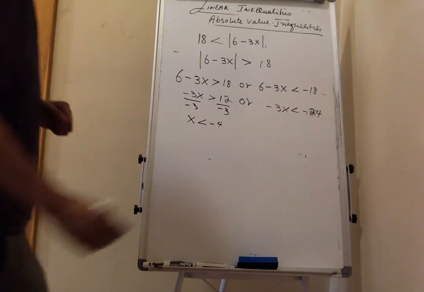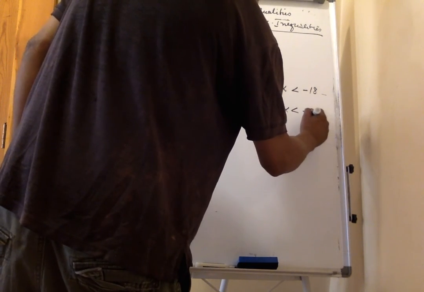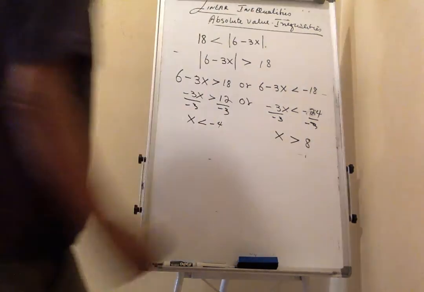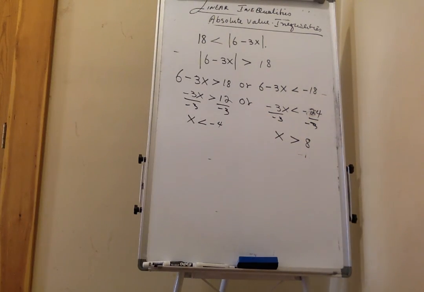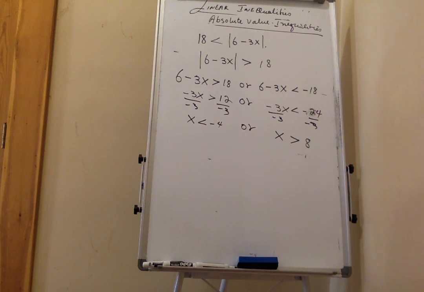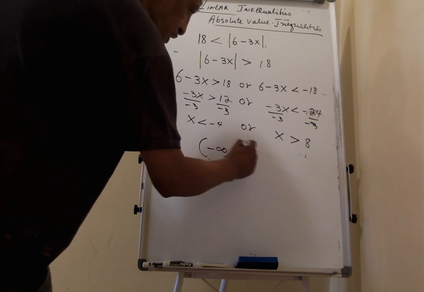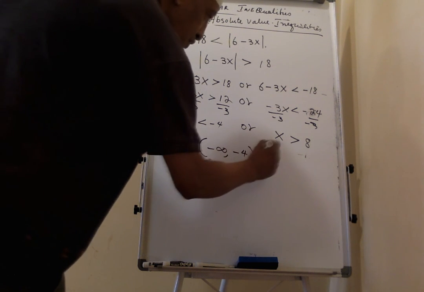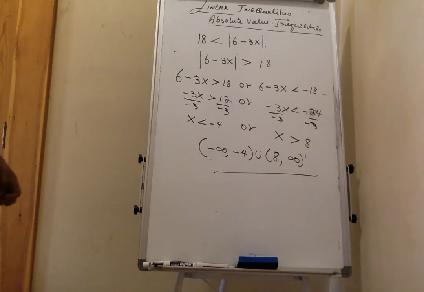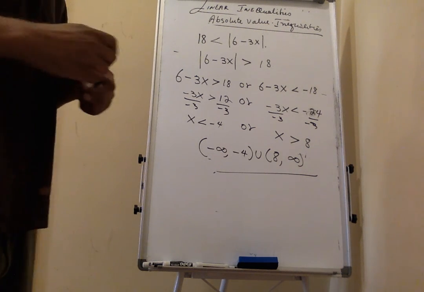And then if you divide this by negative 3 as well, x becomes greater than 8. X is less than negative 4, or x is greater than 8. This means what? It is between negative infinity to negative 4 union 8 to infinity. Okay? So that takes care of our linear inequalities.